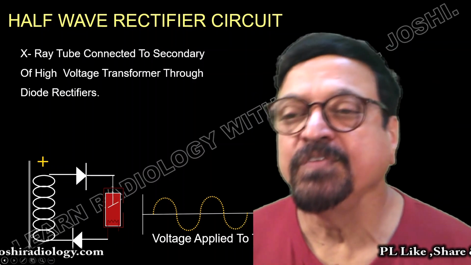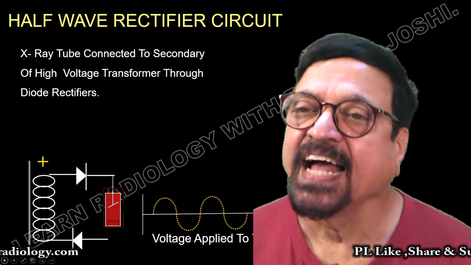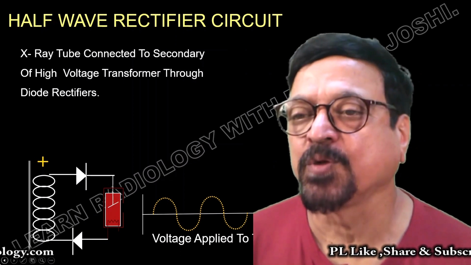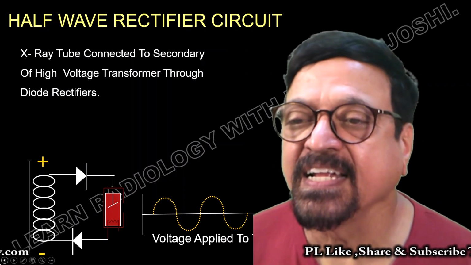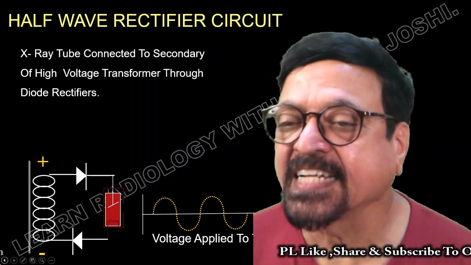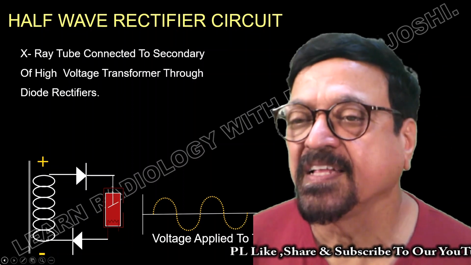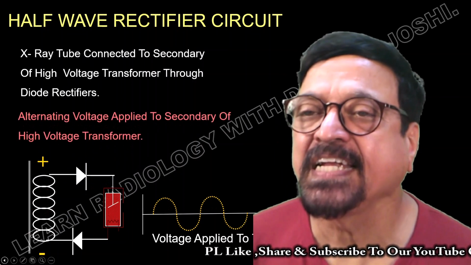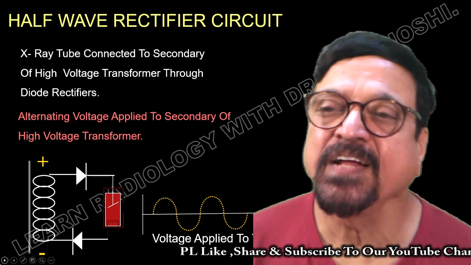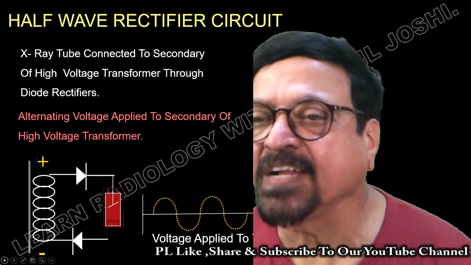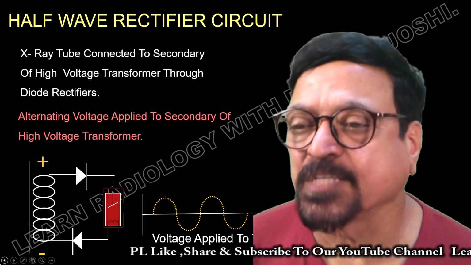Now if you connect an X-ray tube directly to the transformer, see what is happening here. The X-ray tube is there, shown symbolically. You are seeing only 50% efficiency. Alternating voltage is applied to the secondary of the high voltage transformer.